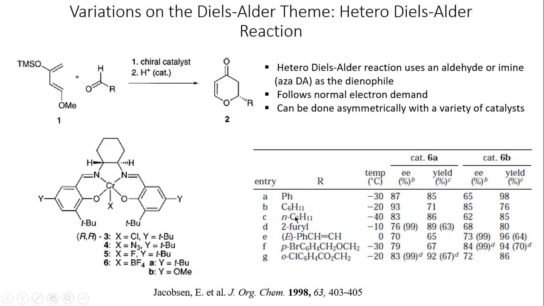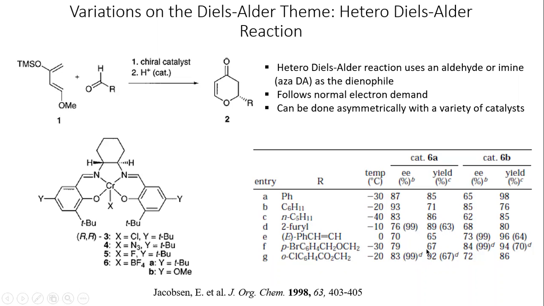Over here is just a list, just the scope of the reaction. You can use benzaldehyde. You can use an alkyl chain. It doesn't matter, alkyl, aliphatic, aromatic, alpha beta unsaturated. It doesn't matter. You still get good yields, right? Your yields ranging from 65% all the way to 92%.